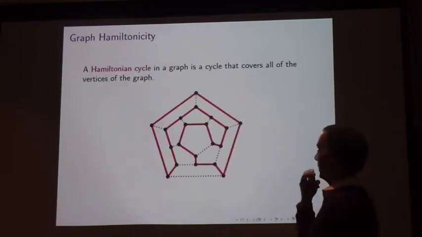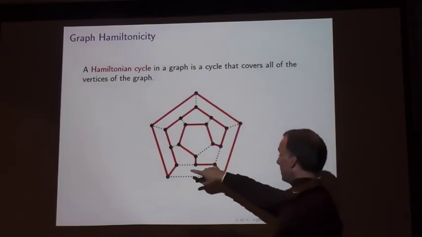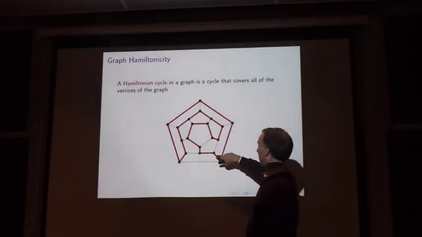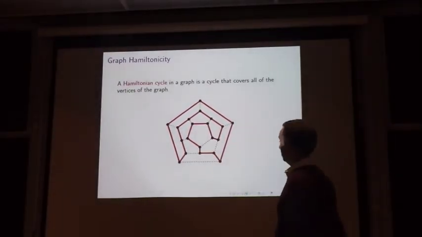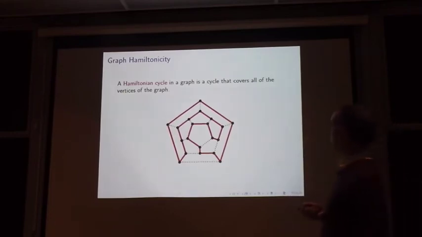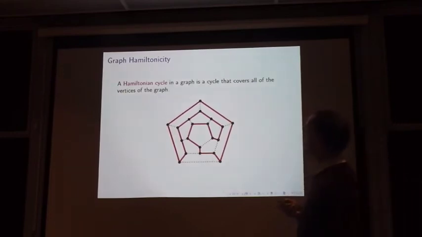Okay. All right. So a graph is Hamiltonian if you can find a cycle that visits all of the vertices exactly once and comes back to the beginning. This is another NP-hard problem, determining whether or not a graph has a Hamiltonian cycle.